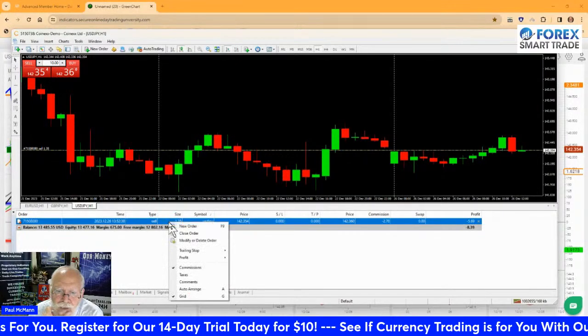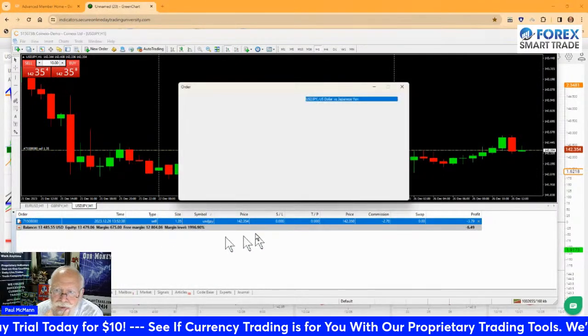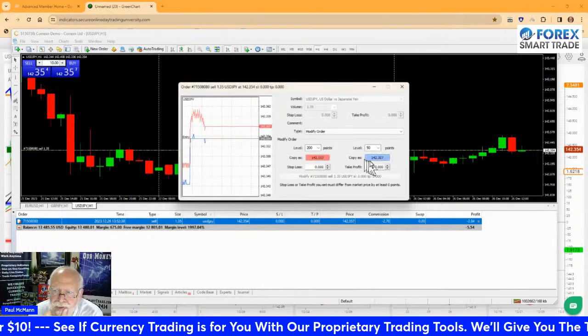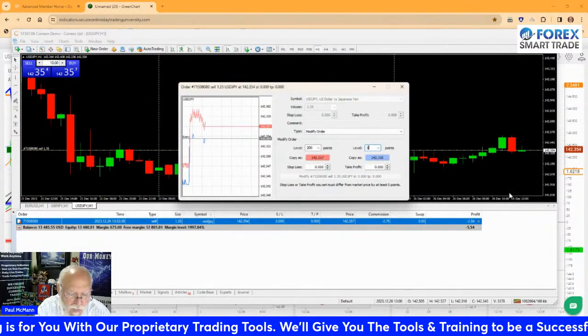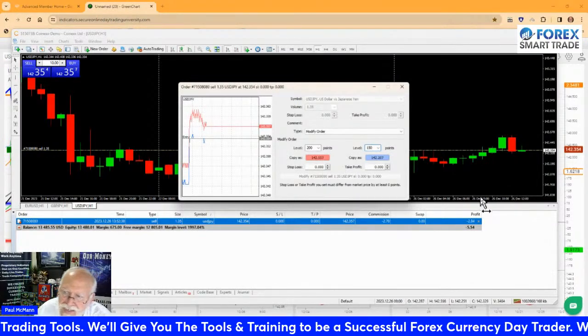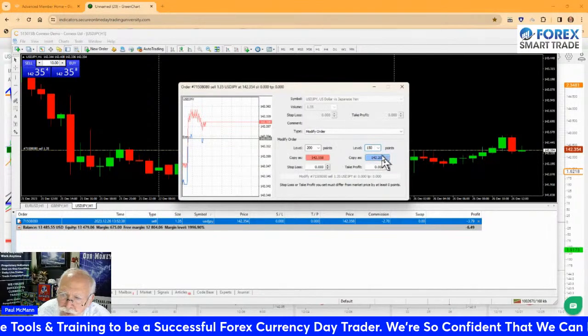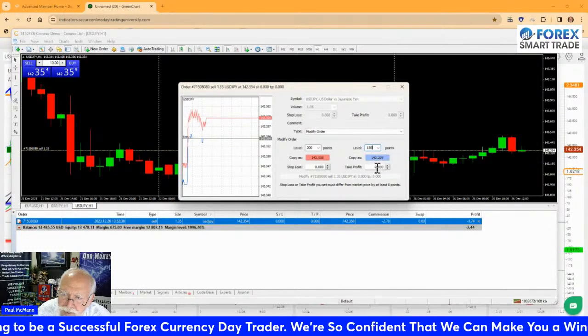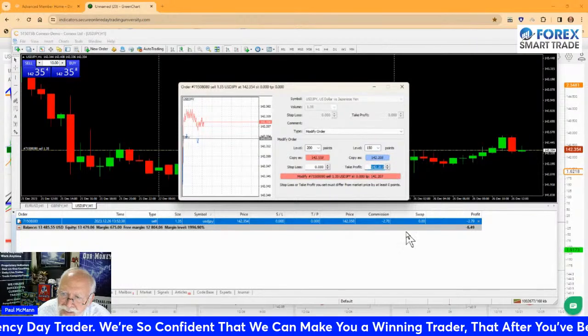Once it's recorded, I'm going to right click on it and go to modify. And we were going to take 15 pips. 15 pips is 150 points. I just add an extra 0 to the pips to convert pips to points. I click the little blue button and it's going to do the math to figure out what the exit is.